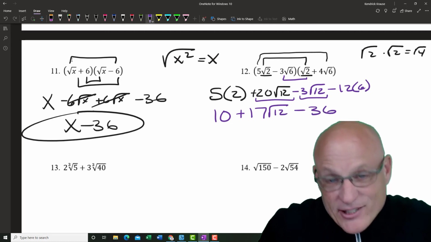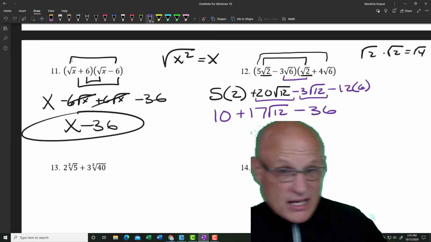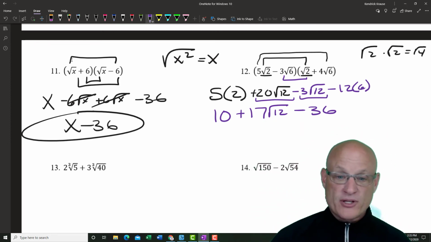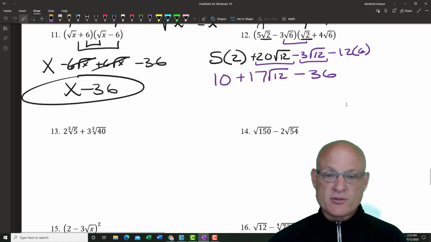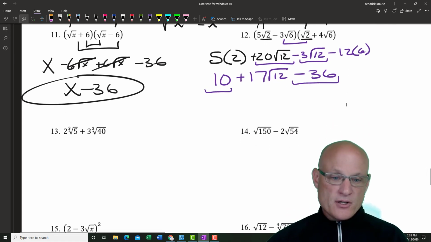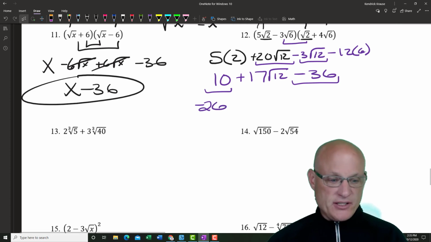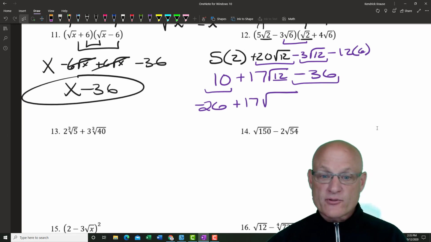Well, you might think you're done, but believe it or not, we got like 2 or 3 more steps on this one, because it's a pain. So, a couple things. This can be combined now with this. So we get negative 26. And then we got this 17 square roots of 12. Well, that's really plus 17 times. Isn't there a perfect square that goes in 12?